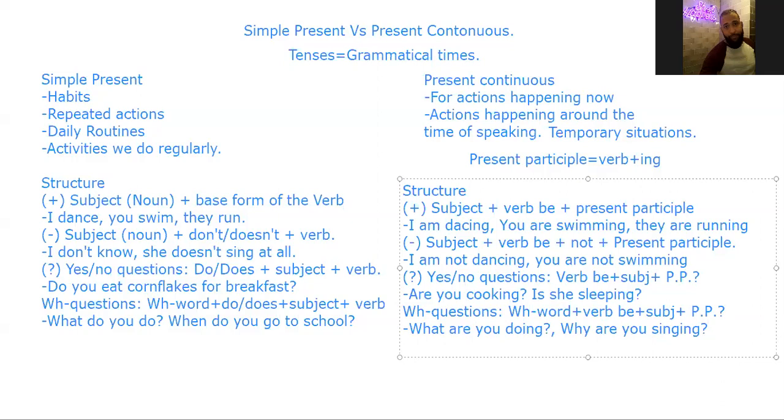It's another question. What are you eating? So we have the WH word, the verb be, the subject, and the present participle of the verb that we are using, which is singing.